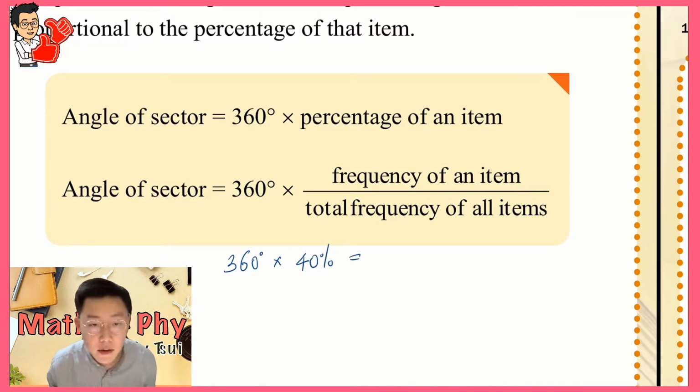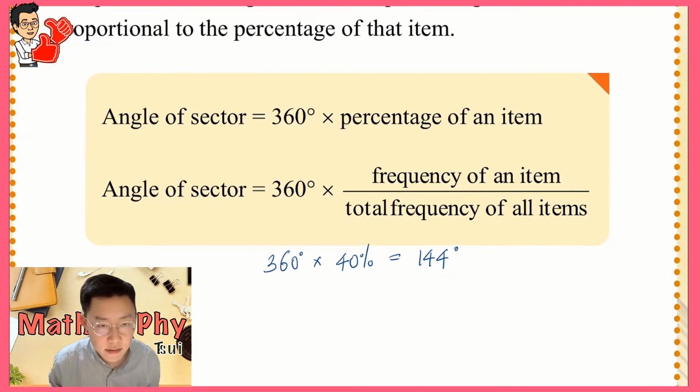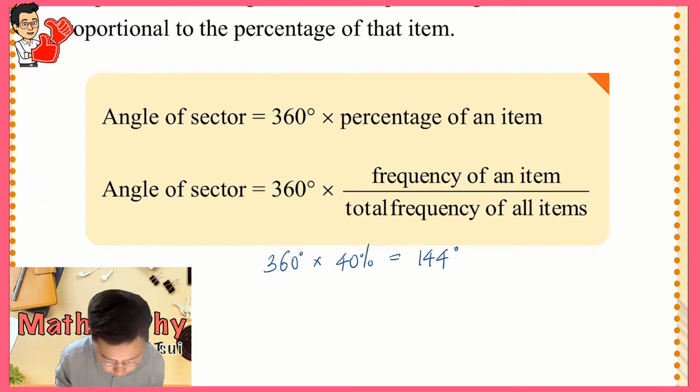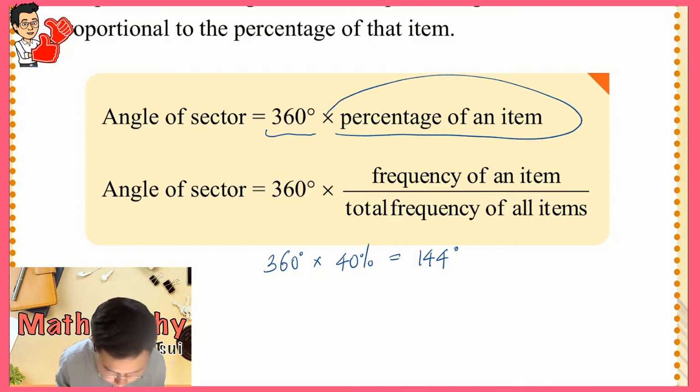After our calculation, we find the answer equals 144 degrees. So that is the method for us to calculate the degrees for each sector: 360 times the percentage of each item.